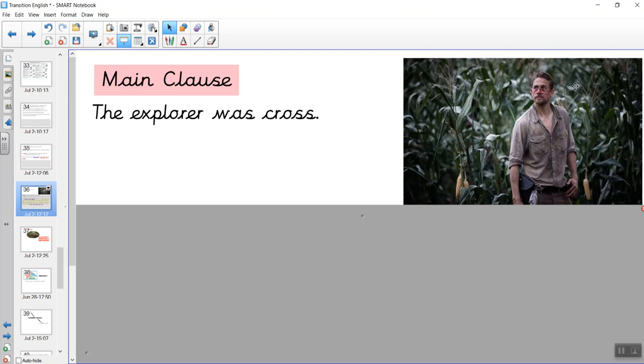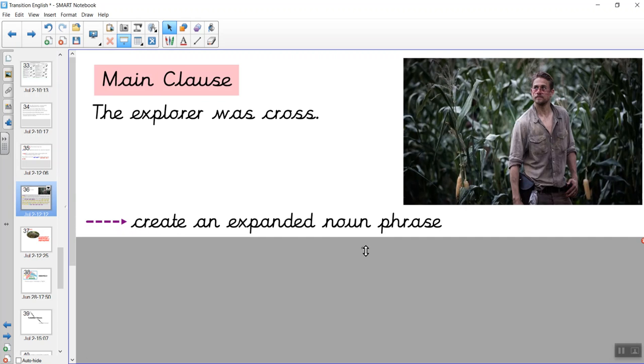Here's the explorer look. And the main clause is the explorer was cross. Okay, so you're going to need a pencil and your paper again because you've got some jobs to do. I want you to create an expanded noun phrase. So your expanded noun phrase is going to describe the explorer. There's the noun.